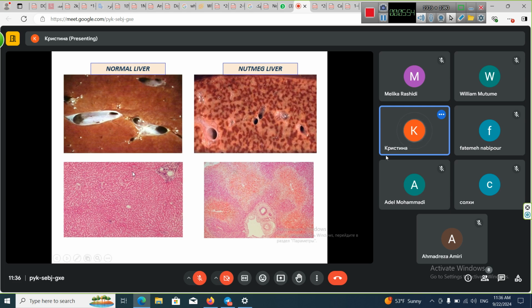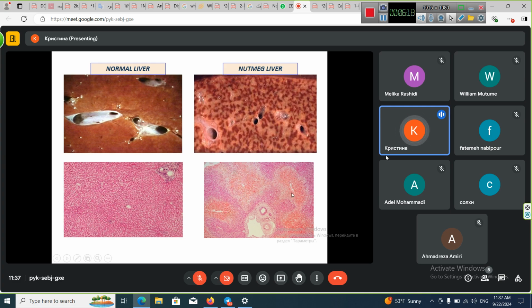Below you see normal and nutmeg liver on histological section. The same, in normal liver you cannot see any structures. All the tissue looks very equally stained. But in nutmeg liver you see these areas which have more red color.